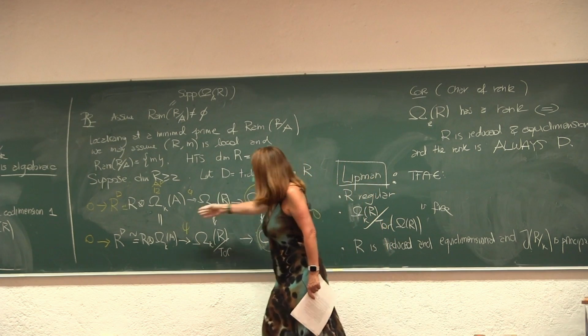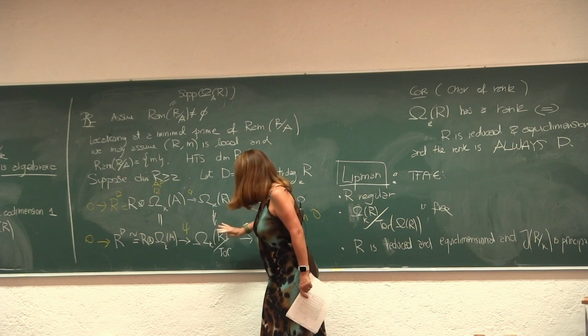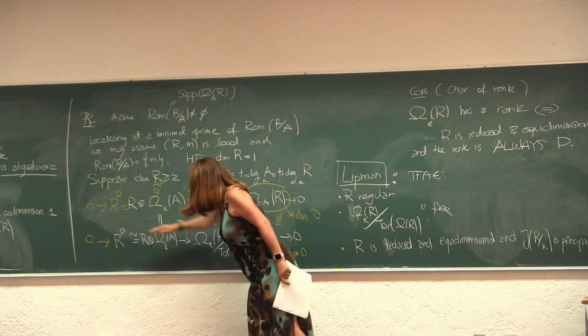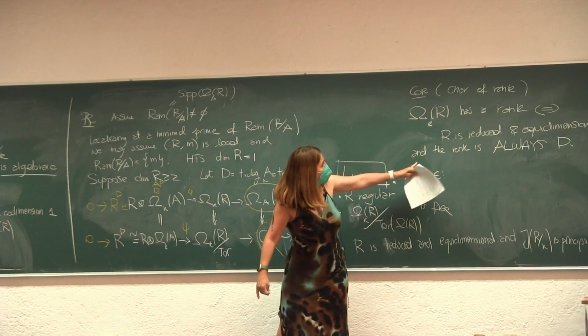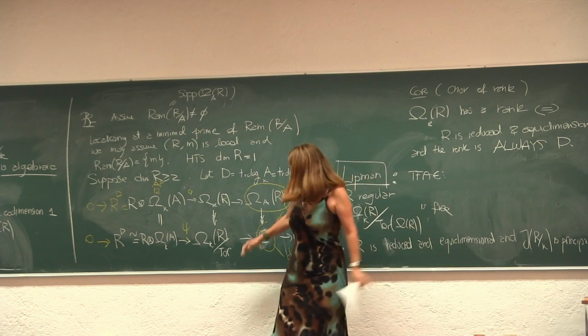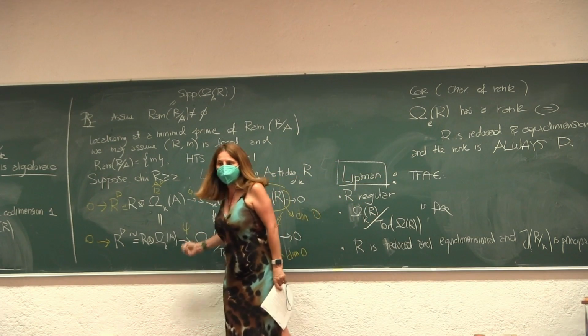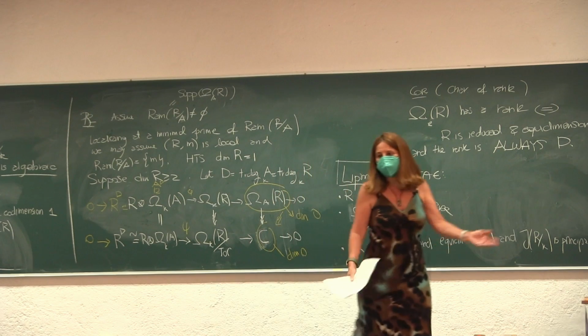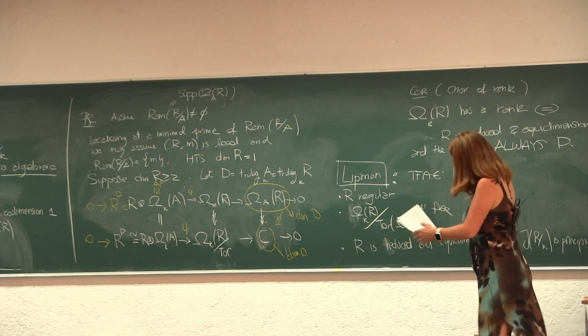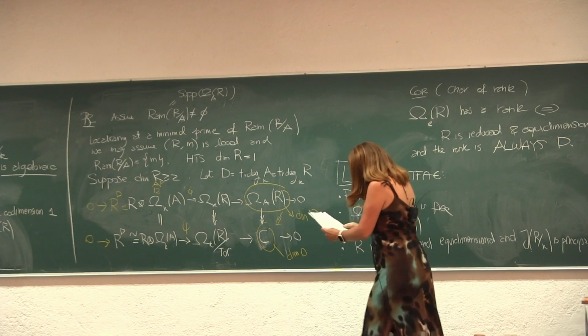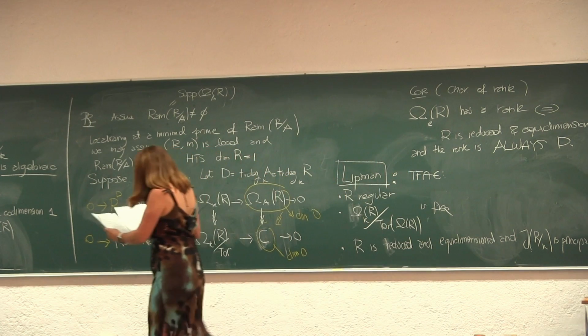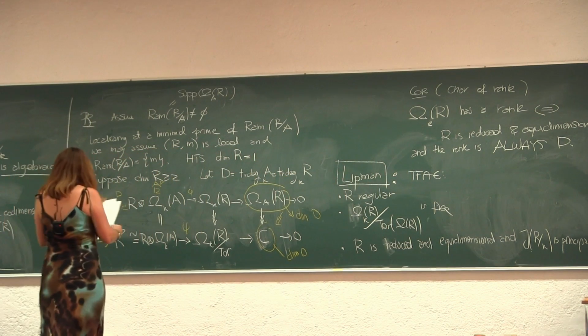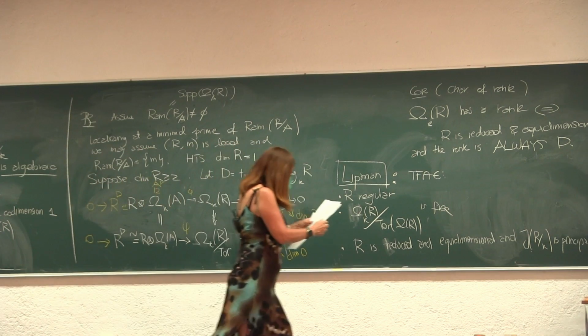Which tells you that these two have the same rank, the rank of this is D, the rank of this is D by this corner that I did not erase, so we have the same rank, so the kernel is all torsion, and then the kernel has to be 0, because it is torsion free. Okay, so we have injectivity, and now that we have injectivity, we just play with that, okay?